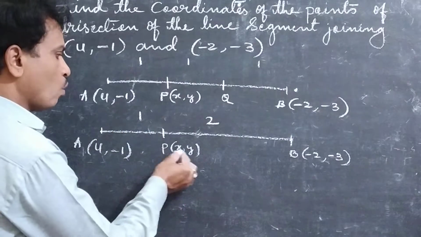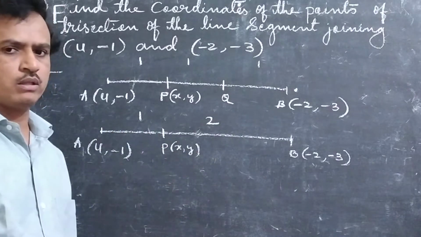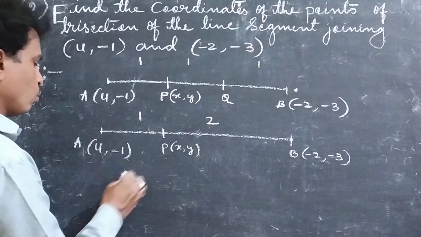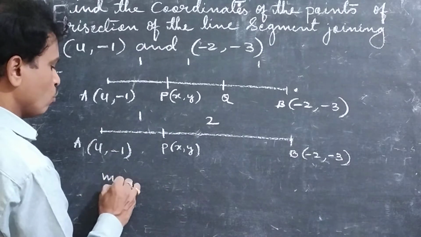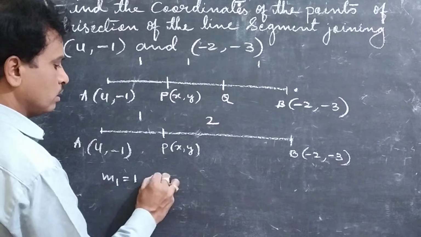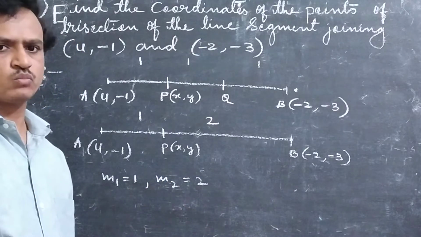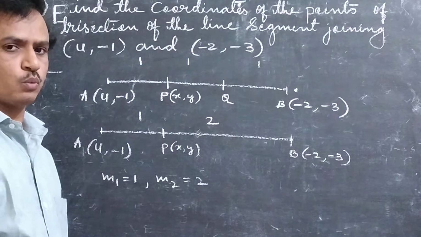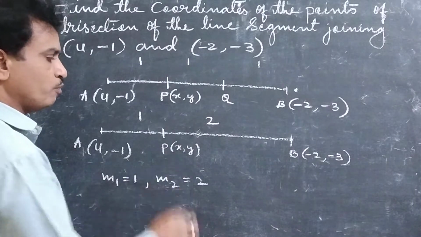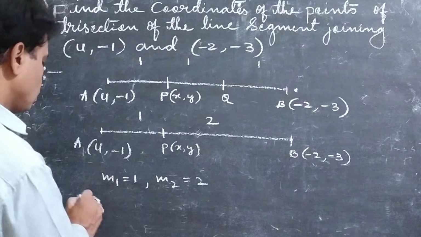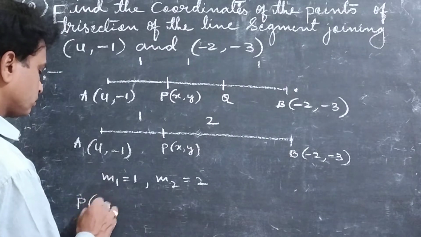Now to find the coordinates of point P, m1 is equal to 1, m2 is equal to 2. Now what is the formula here?